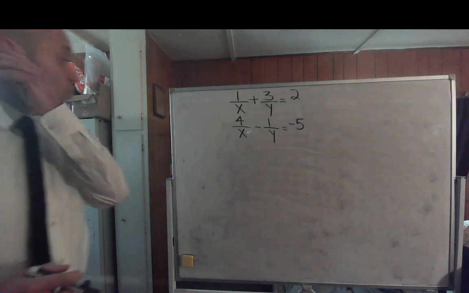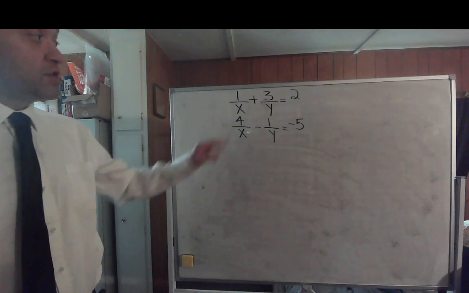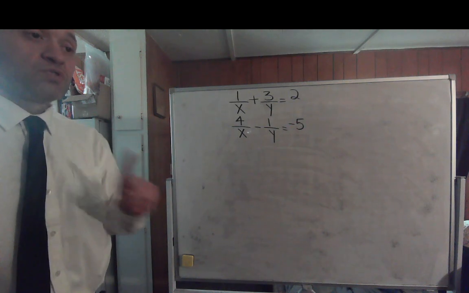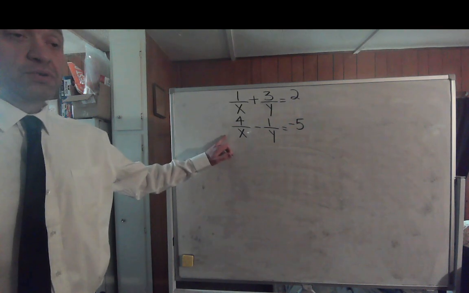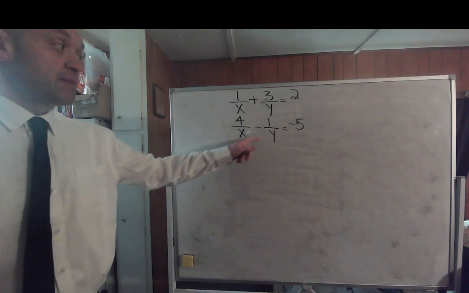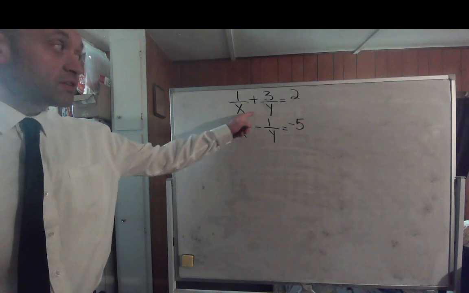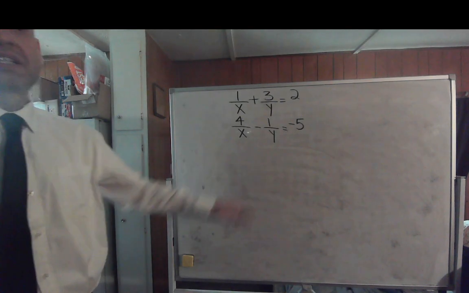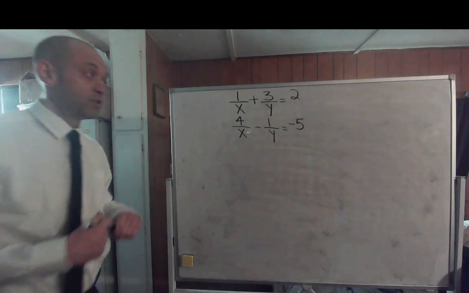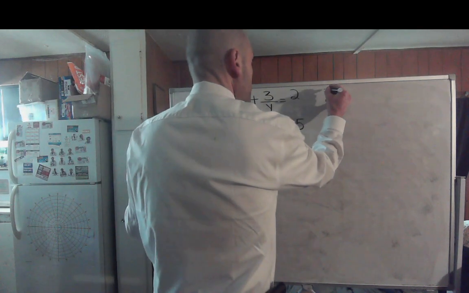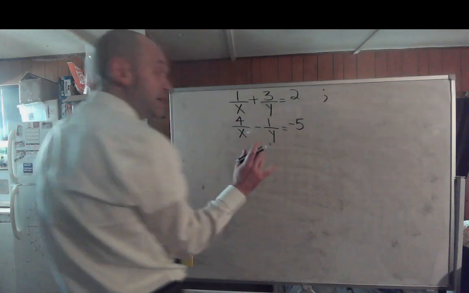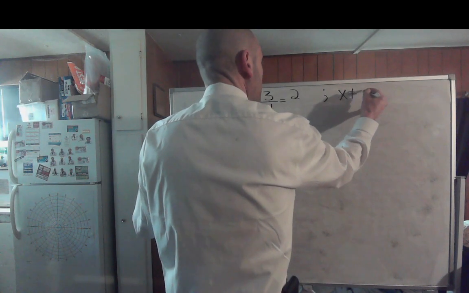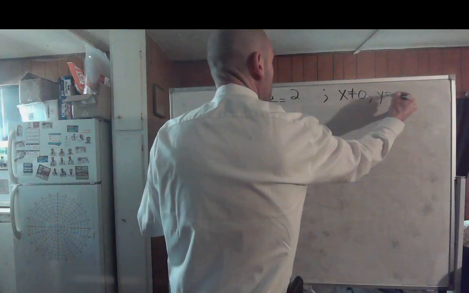Okay, well, you notice your variables are in the denominator. There is one caveat with these variables. Neither of them can equal 0, because if either of these ends up equaling 0, you have an undefined expression, because division by 0 is undefined. So you can solve this system with the caveat that x does not equal 0 and y does not equal 0.